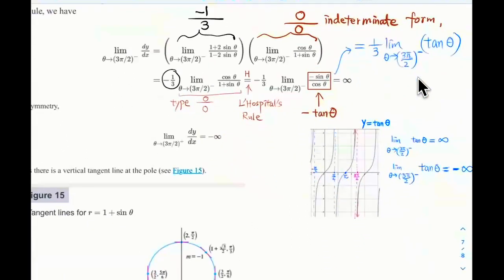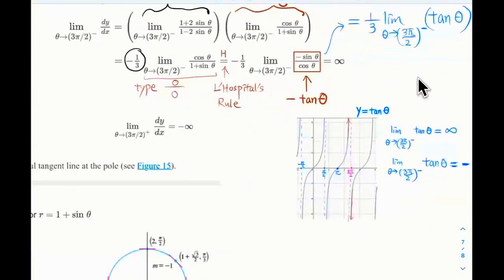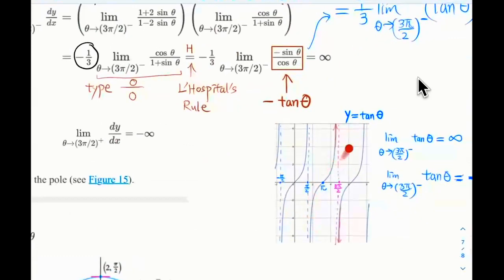I draw the graph for tangent theta here. So this is the graph for tangent theta, and 3 pi over 2 is over here. You're approaching that from the left, so let's look at the left side of 3 pi over 2. It's going up and up, right? So it goes to positive infinity.